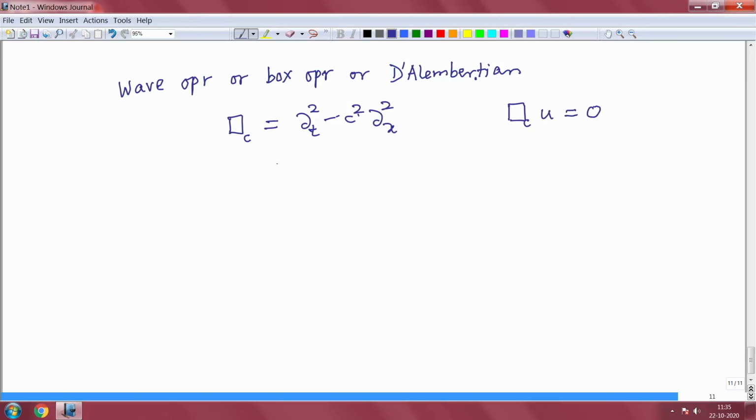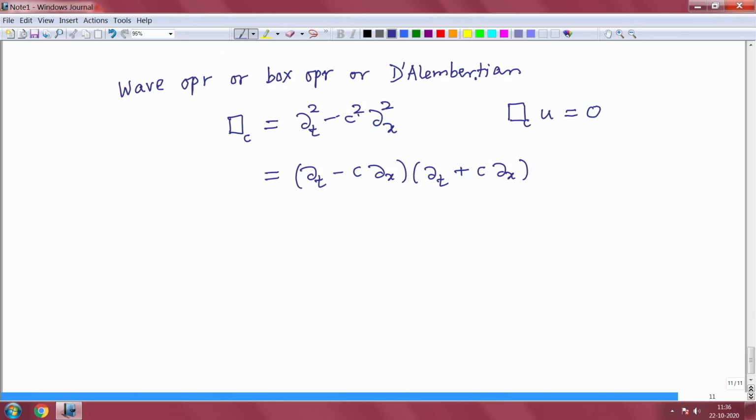The advantage is, since c is a constant, we can split this into linear factors. If c is not a constant, we cannot write this. You can easily verify this. You take any C2 function and operate this on that C2 function, you see that this is the same as this.